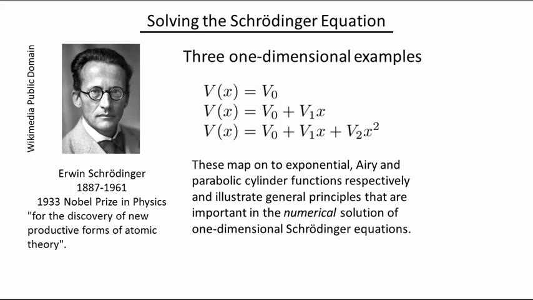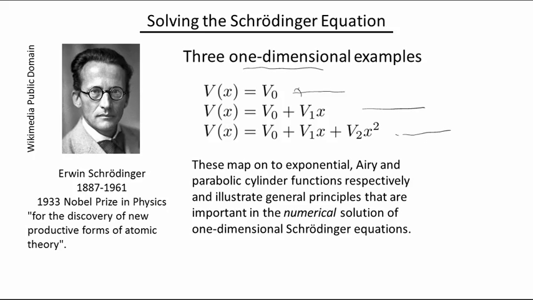So in this part of the lecture, we're going to stick with one-dimensional examples, and we'll look at a constant potential, a linear potential, and I guess it'll be in the next part with the quadratic potential.